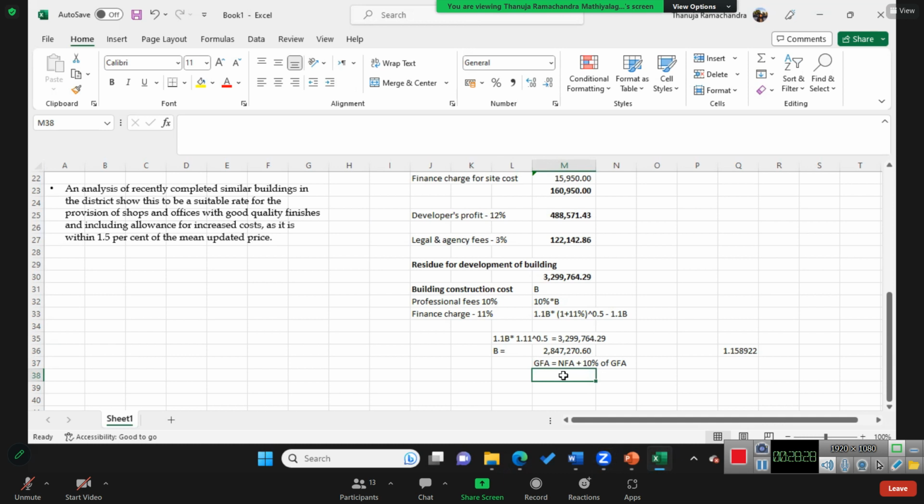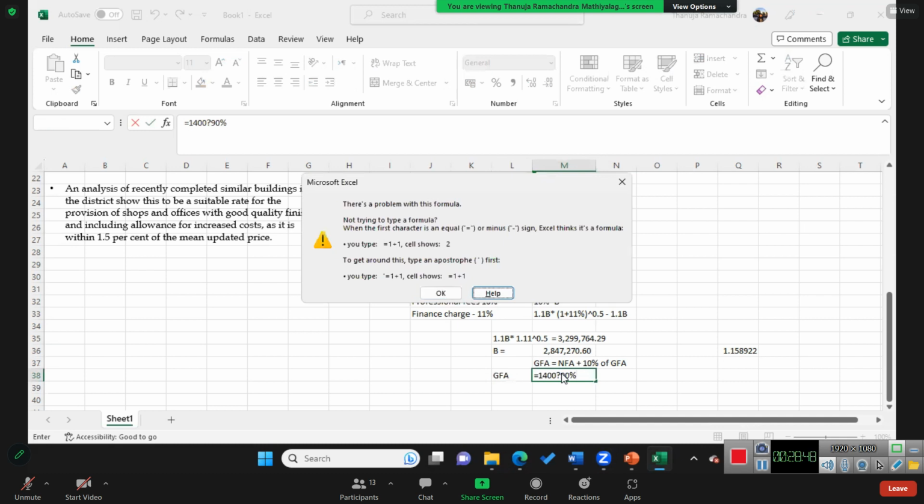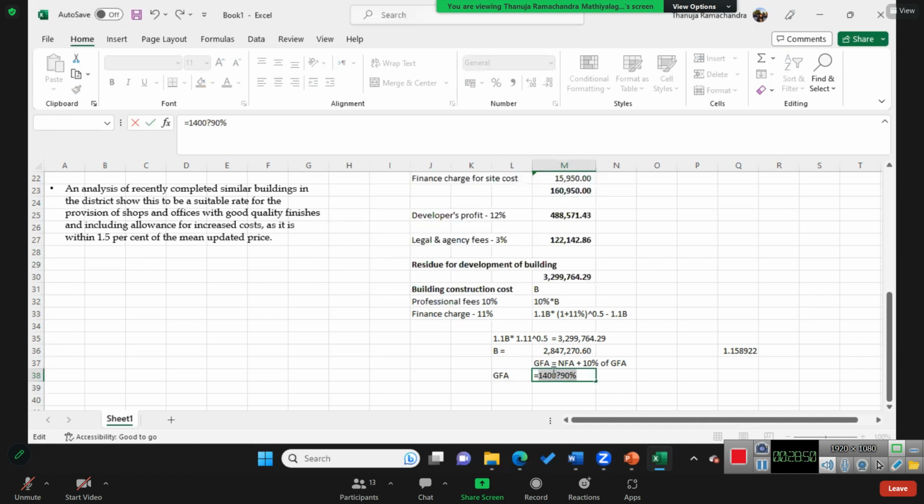So therefore GFA, this is the gross floor area.